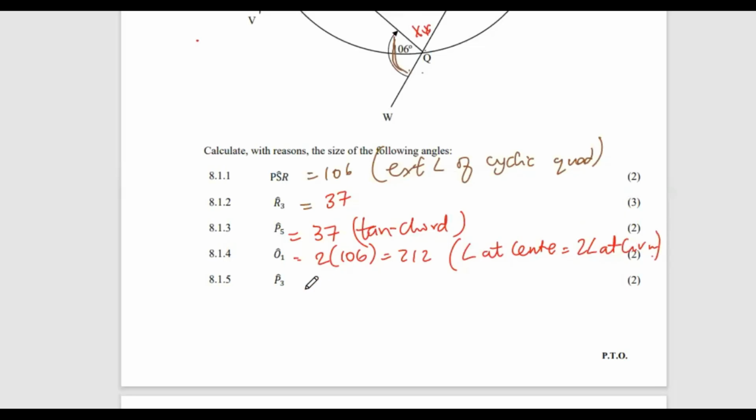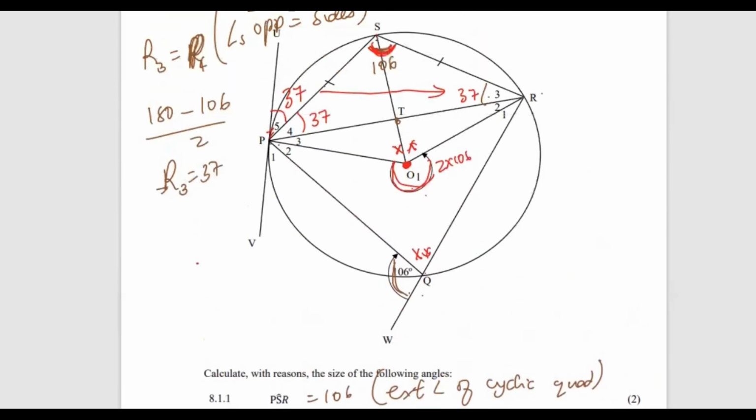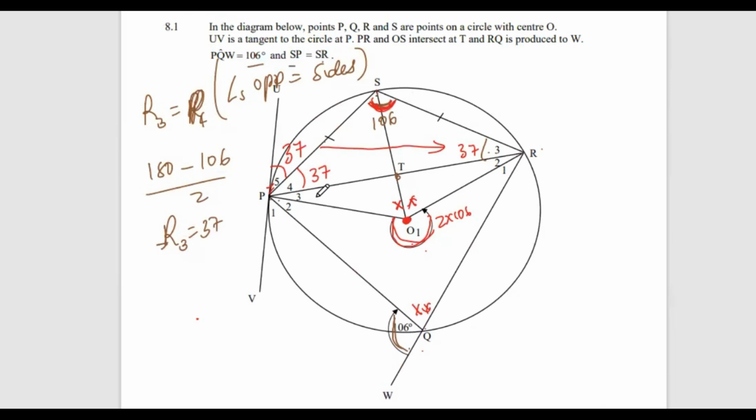Okay, and then P3. How do we get the P3? You want this angle here. So I think we can use the same thing. We can say that P3 is the same as R2, angles opposite equal sides, because we know that this is a radius and that's also a radius.